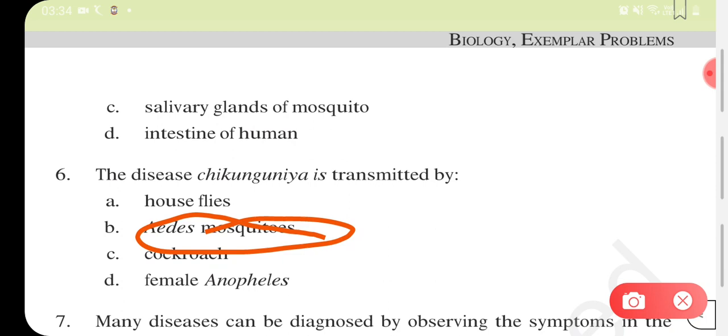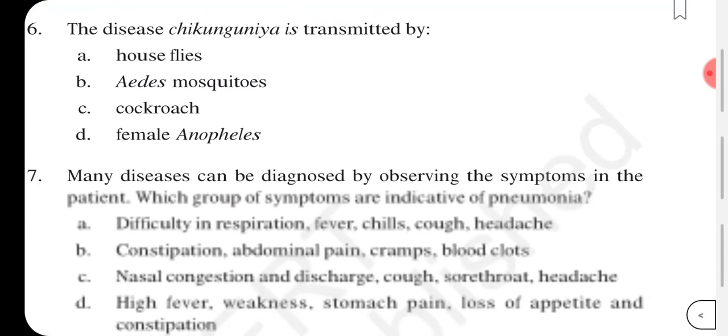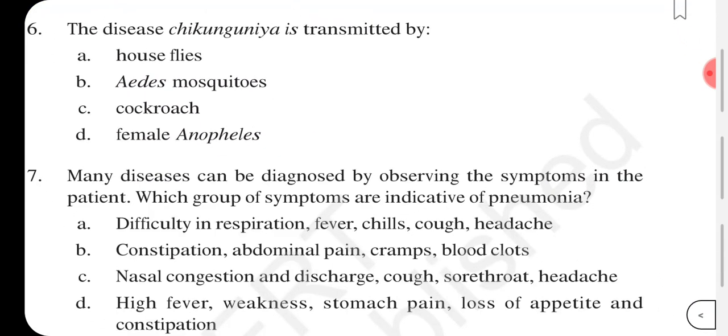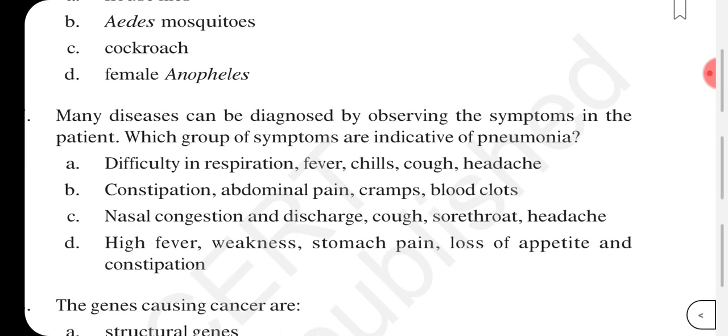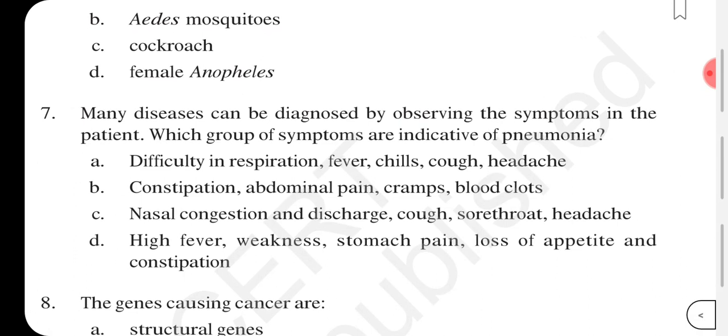Okay. Next question. Many diseases can be diagnosed by observing the symptoms in the patient. Which group of symptoms is indicative of pneumonia? Difficulty in respiration, fever, chills, cough, headache, or constipation, abdominal pain, cramps, blood clot, or nasal congestion, discharge, cough, sore throat, headache, or high fever, weakness, stomach pain, loss of appetite, and constipation?